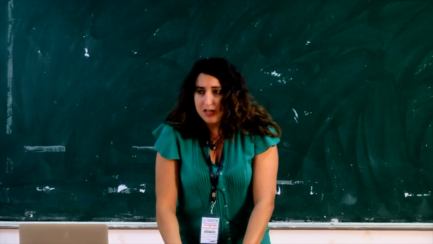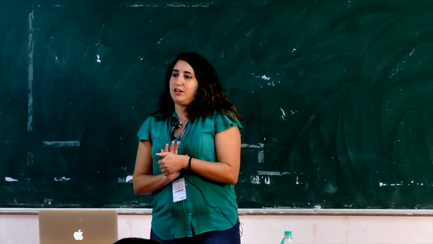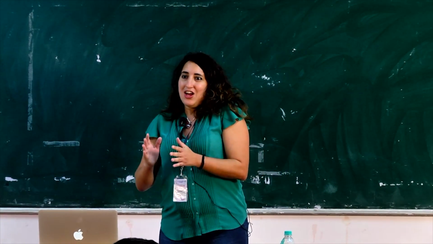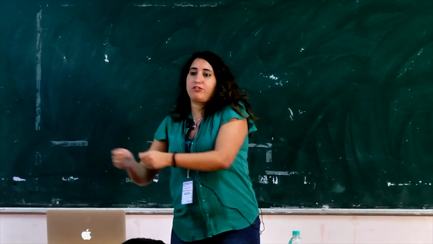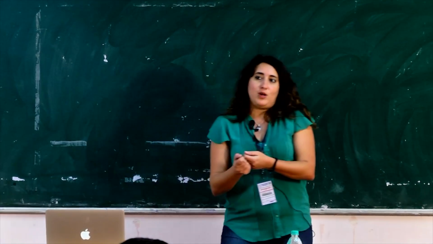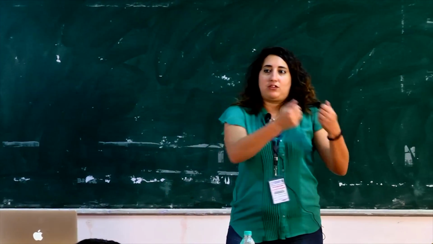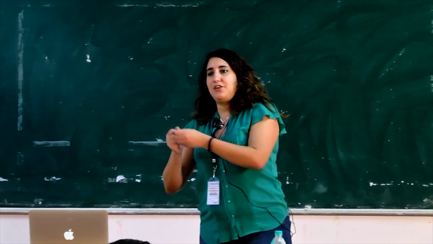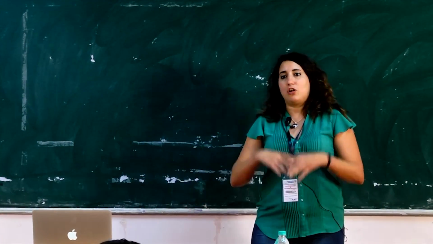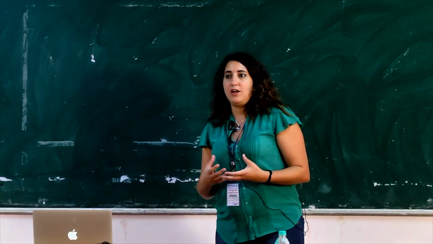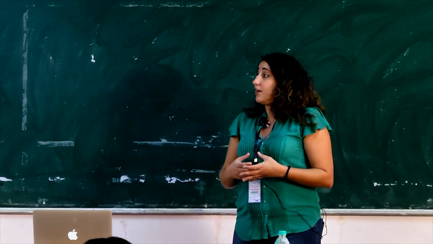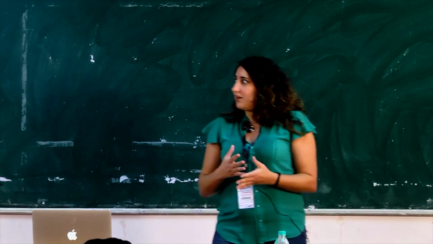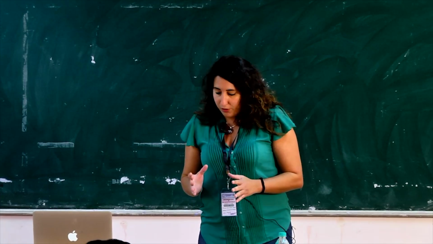Isogeny-based cryptography is normally considered one of the most complicated cryptography to start with, because as you will see, there is a little bit of algebraic geometry, number theory, graph theory. There is a lot of mathematics involved in this cryptography. But as I said, I tried to make this as simple as possible.